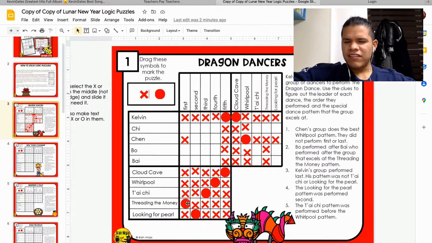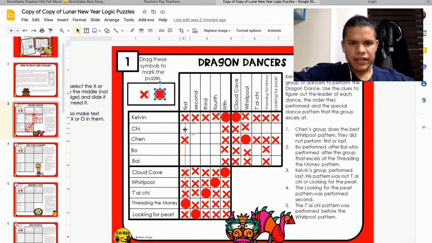But wait, if Bo performed after Bai, who performed after the group that excels at the threading the money pattern, that means Bo and Bai can't be threading the money. So that must mean that threading the money must be Chai. So I'm going to put that there. That marks all of these out right here, and that makes all of these right here false.